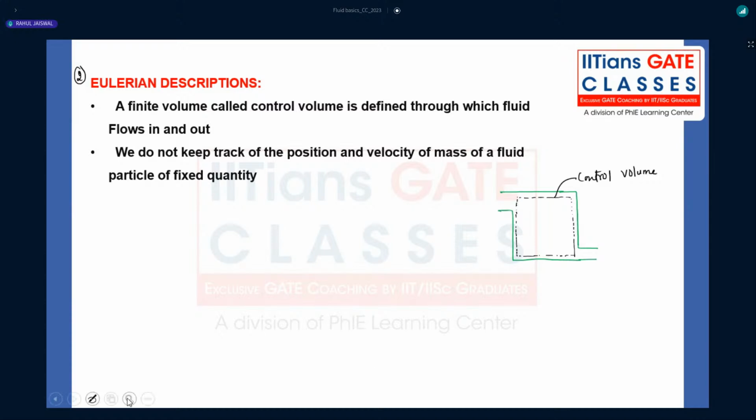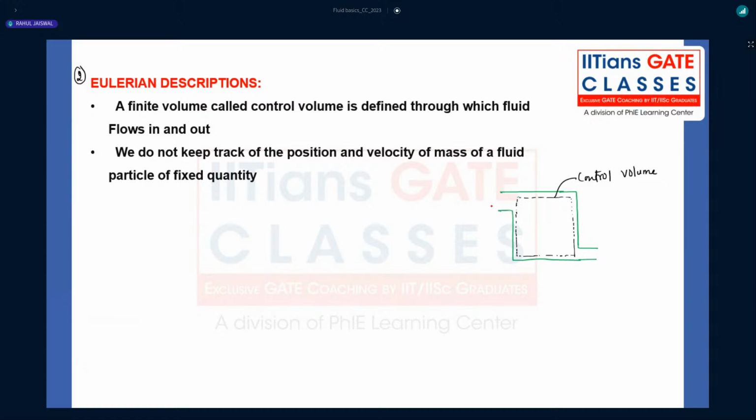In this control volume, the Eulerian description says you don't trace individual particles. Rather than tracing individual particles, you just focus your attention on a single position. That means you just consider one space, right? Whatever the black color is, that is my control volume, a fixed volume on which we are going to focus our attention, right?